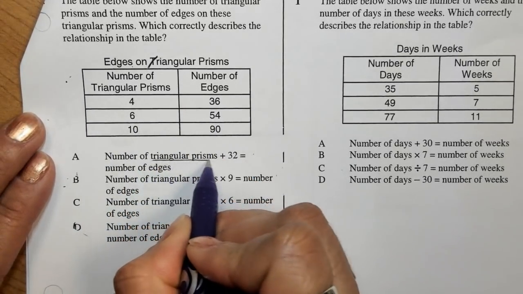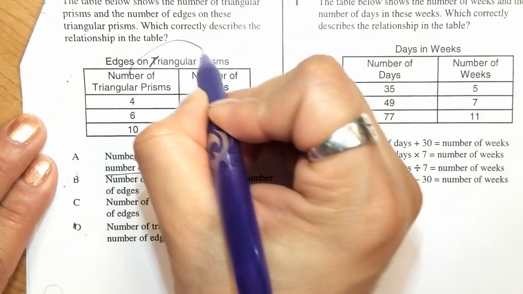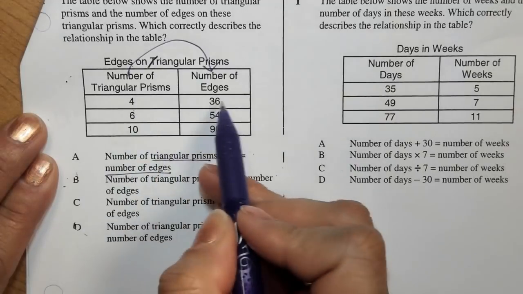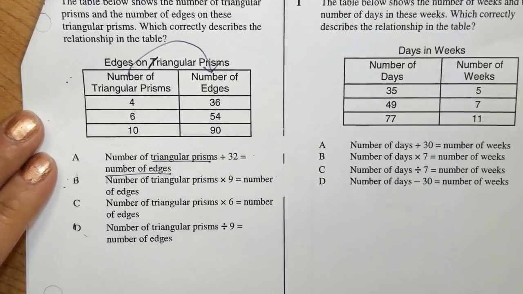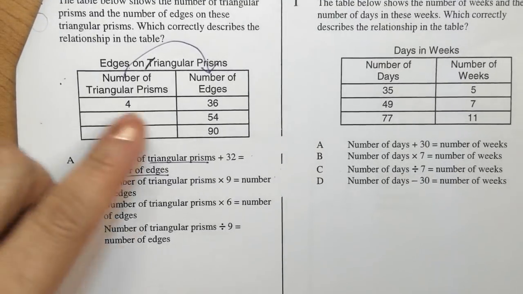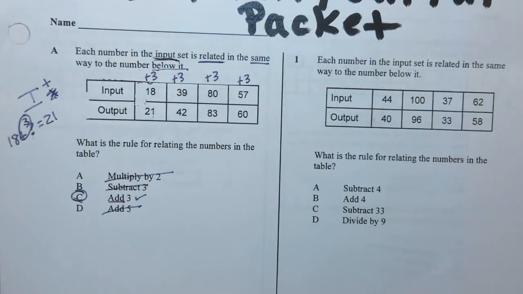So here it's going from triangular prisms to edges. Triangular prisms to edges. 4 to 36. Okay? And I think that's about it. The only difference, like I said, is their objects. It doesn't say input, output anymore. Thank you so much for your time.